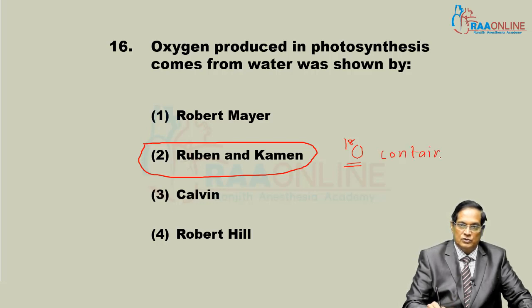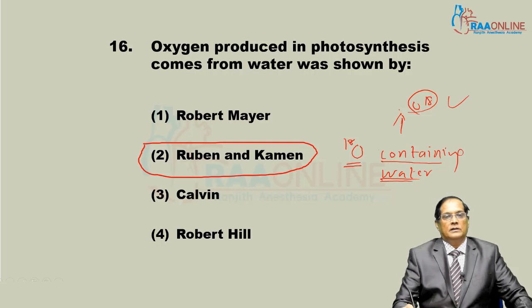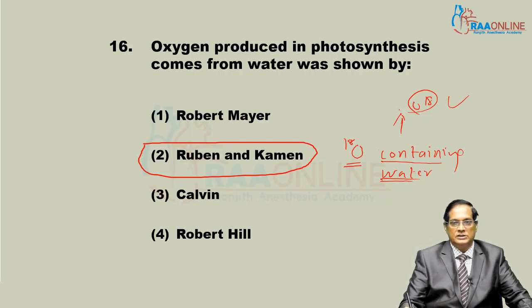This is an isotope of oxygen, supplied with water, and they observed the evolved oxygen is O18 type. Hence it was proved that oxygen is evolved from water, not from CO2, by Ruben, Kamen and Hassid.